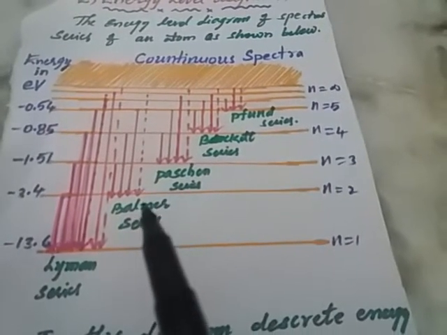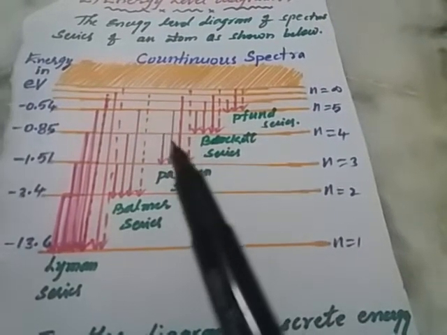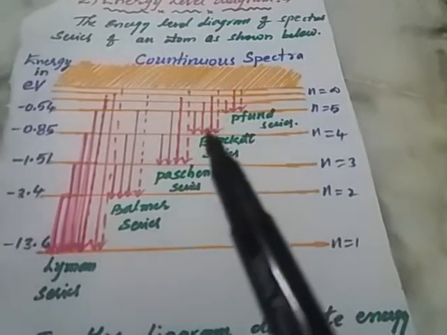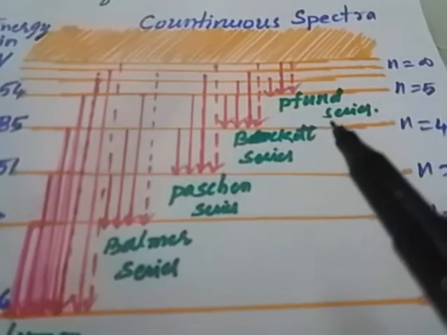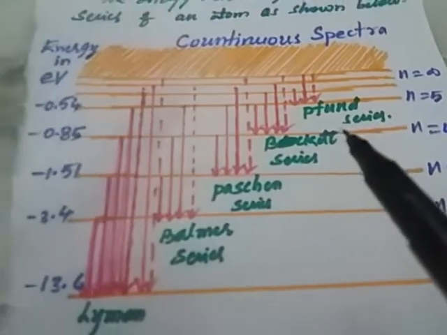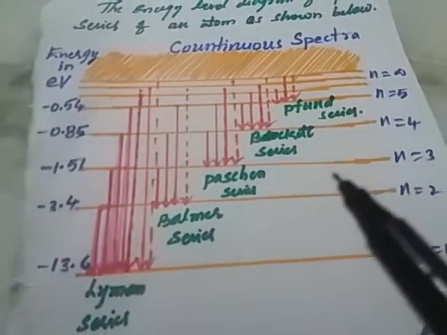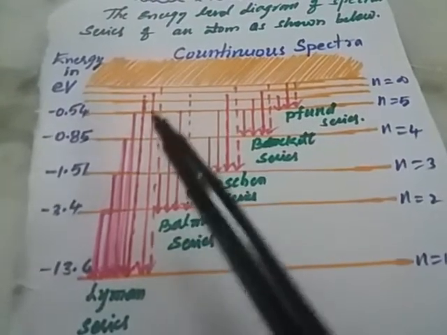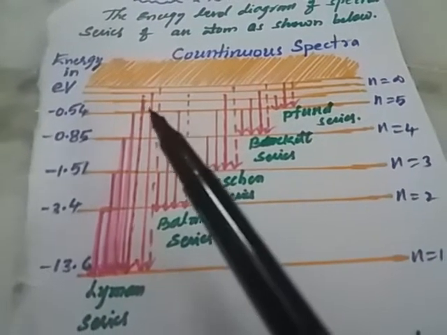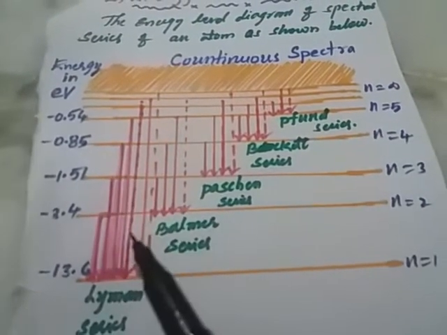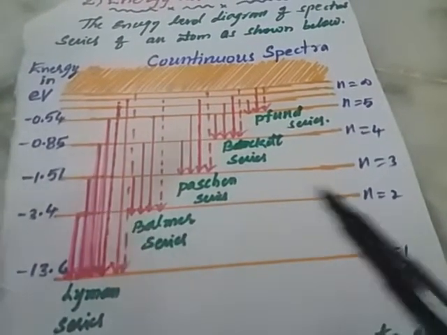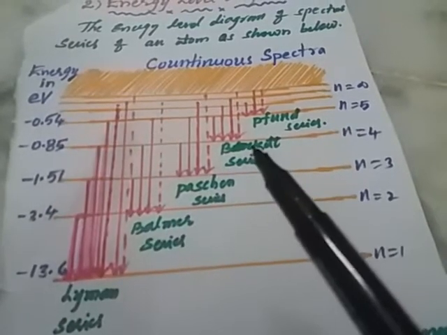The second orbit gives the Balmer series, the third orbit the Paschen series, the fourth orbit the Brackett series, and the fifth orbit the Pfund series. These series' spectral lines are drawn as vertical lines, and horizontal lines represent the energy levels.